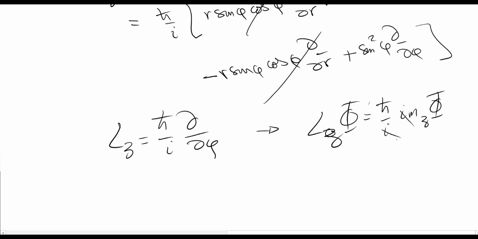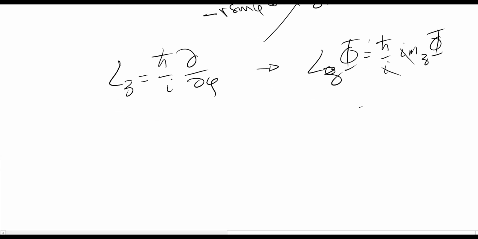The i cancels the i, and it's very important that the solution to this problem in here is mz h bar. And this is how we know that this is actually an eigenvalue problem. That means that these are the eigenvalues of this angular momentum along the z direction, in that this is its value when you actually do a measurement.